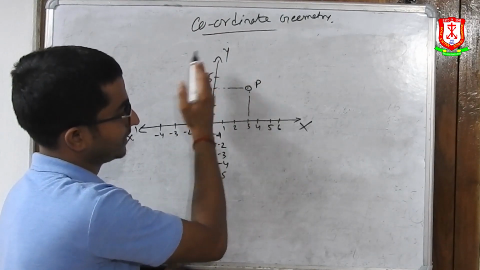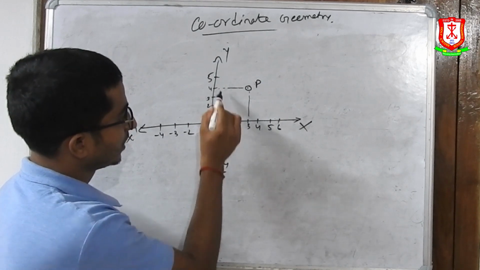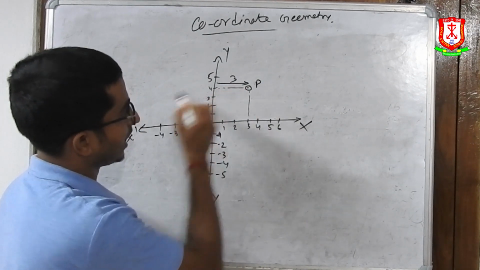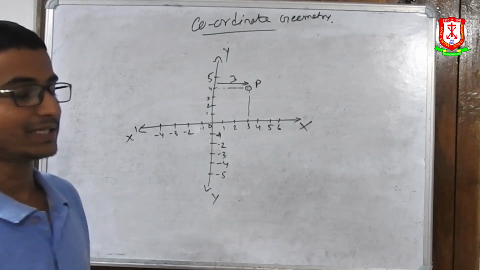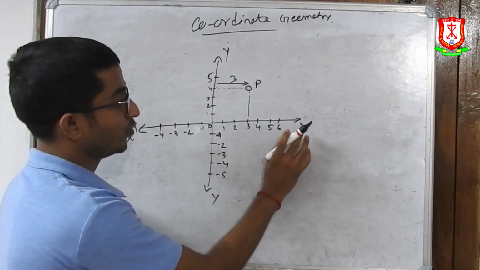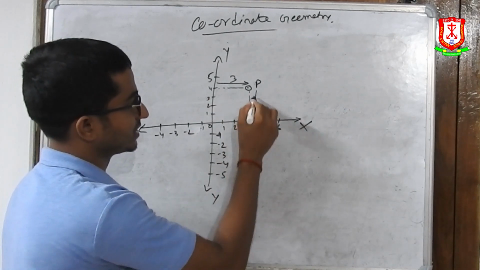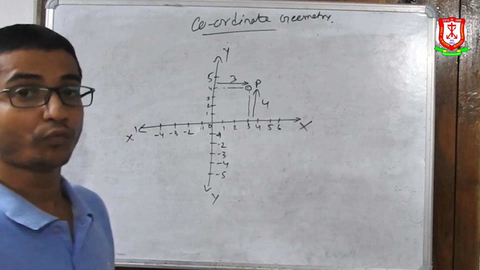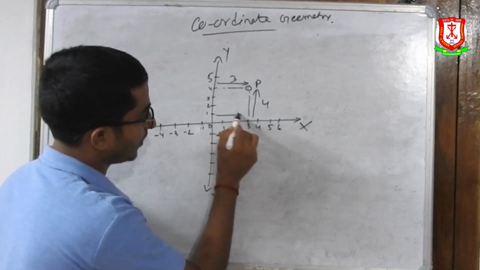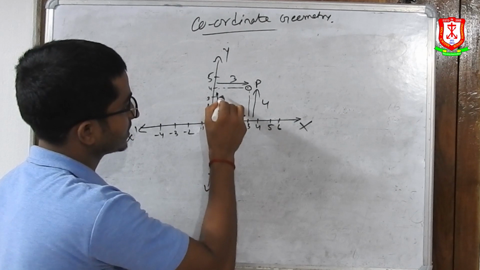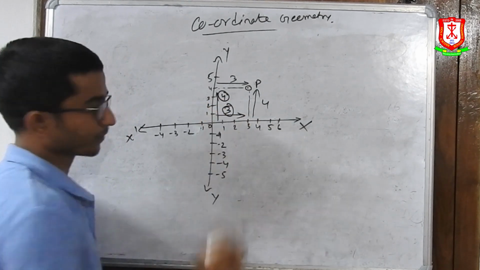From the y-axis, 1, 2, 3, it is at distance 3. From the x-axis, 1, 2, 3, 4, it is at distance 4.